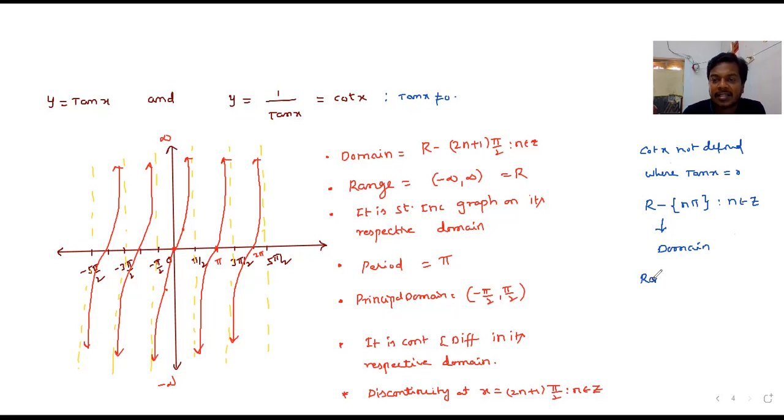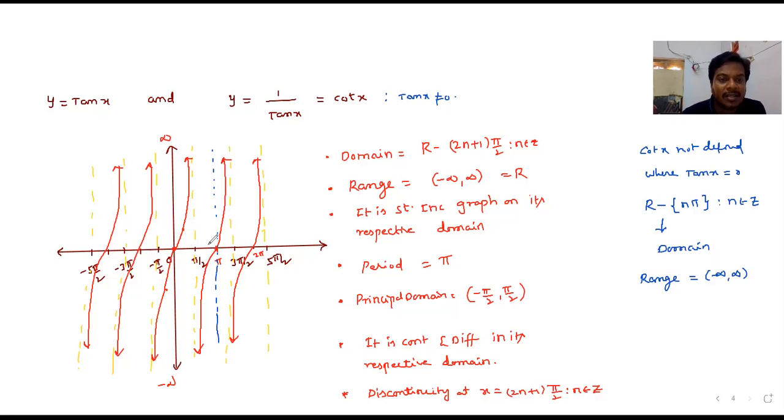And range. Range is from minus infinity to infinity. See, particularly at 0 it is not defined. And at pi by 2, the tan graph is not defined here. When x is pi by 2, tan pi by 2 is not defined, but cot x is defined.